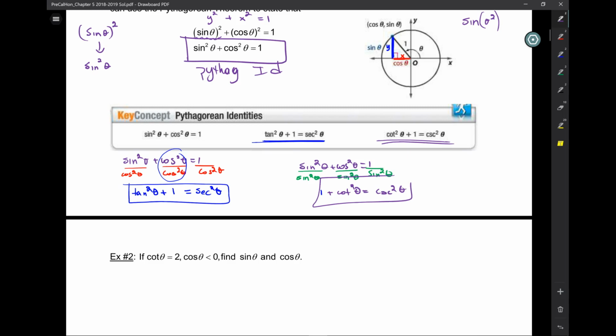But is it really something you need to sit there and learn? Where did it come from? X squared plus y squared equals 1. Cosine squared plus sine squared equals 1. So you find the second one by dividing by cosine squared, and the third one by sine squared. Correct. Once I know this, that's all I know, and then I just divide.